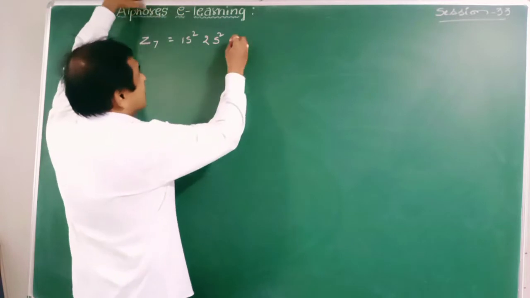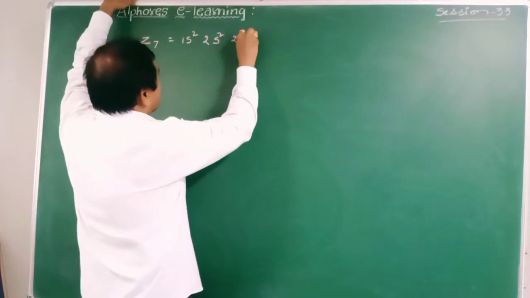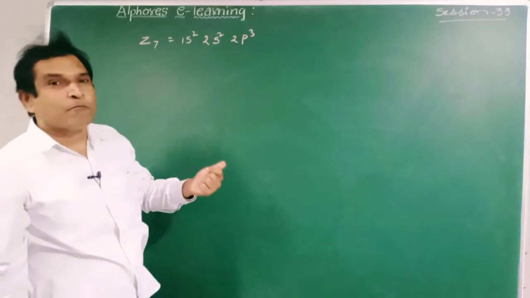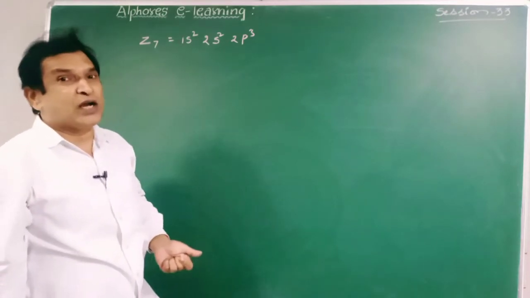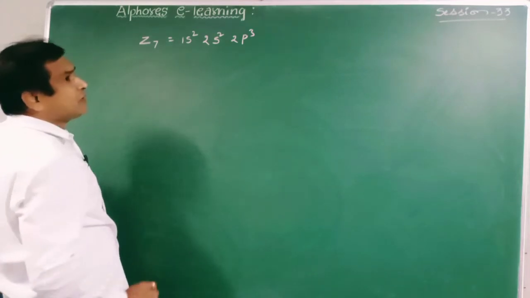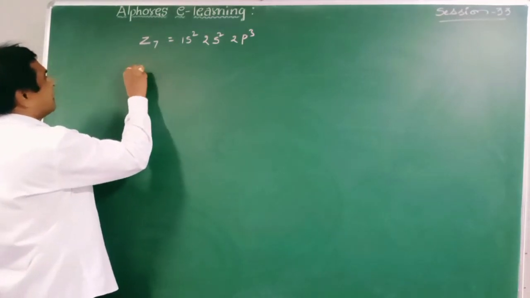The next is 2p3. The remaining 3 electrons go into the p subshell, because p orbitals can accommodate a maximum of 6 electrons.